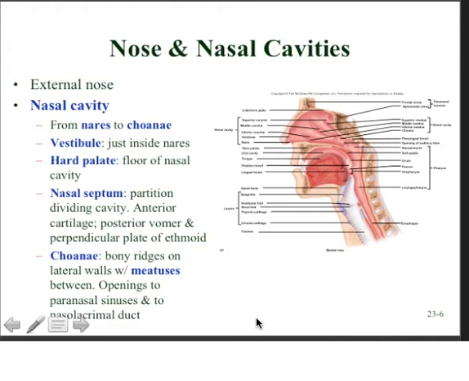The nasolacrimal duct, of course, connects to the orbits, and the paranasal sinuses are openings from the nasal cavity to the bones that are essentially posterior to and peripheral to the nasal cavity, including the frontal bone, the maxilla, the ethmoid, the sphenoid, and we sometimes manage to get infections in these regions.